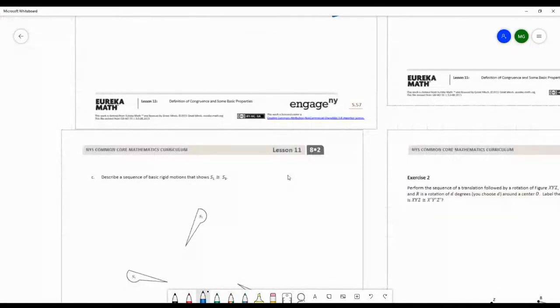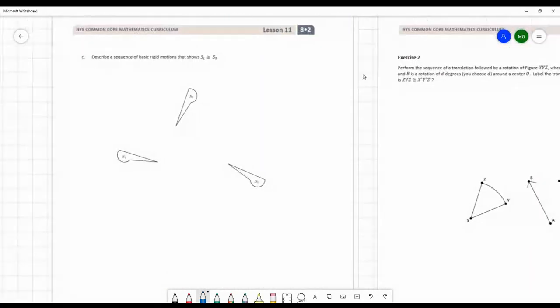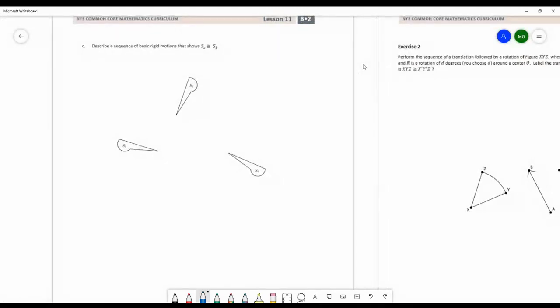Okay, so as we take a look at letter C, it's saying describe a sequence of basic rigid motions that gets S1, so here, over to S3. So we're comparing all of these different shapes to each other, okay?